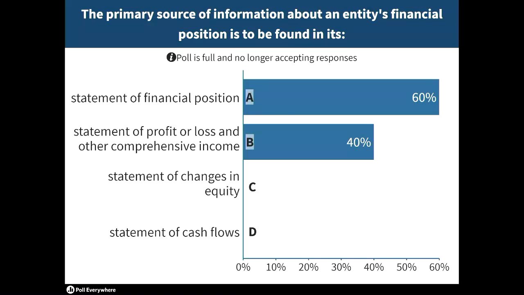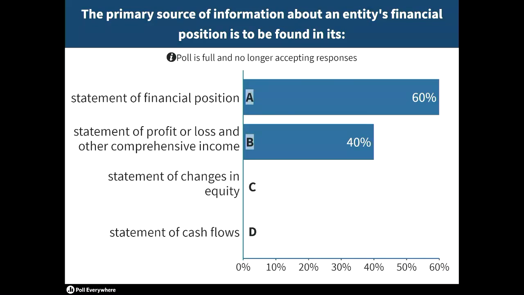If you want to understand the position of the company, that's always at a specific day. Your primary source of this position would be the statement of financial position. And financial performance is always for a period. You will see the revenue, the profit for the whole year, or the whole half year. It's never going to be at a specific point, because a specific point doesn't matter for your performance.